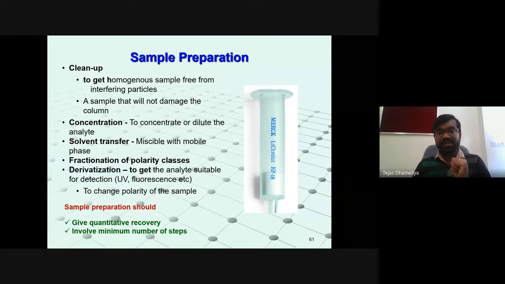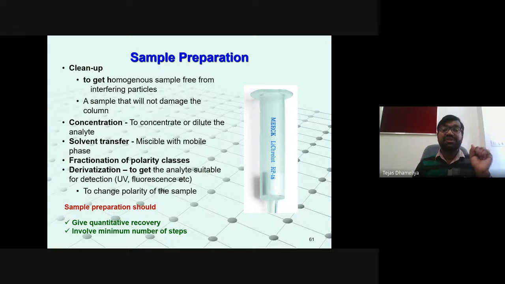AR, analytical reagent, is specifically used in analysis. Sometimes LR, laboratory reagents, are used in medicinal chemistry and organic chemistry to synthesize compounds. Then there are HPLC grade solvents, which are highly utilized in HPLC.